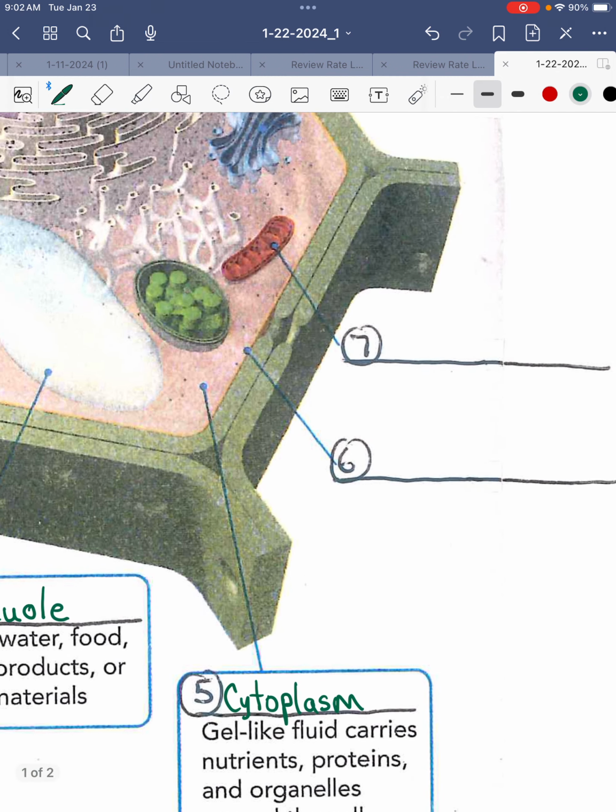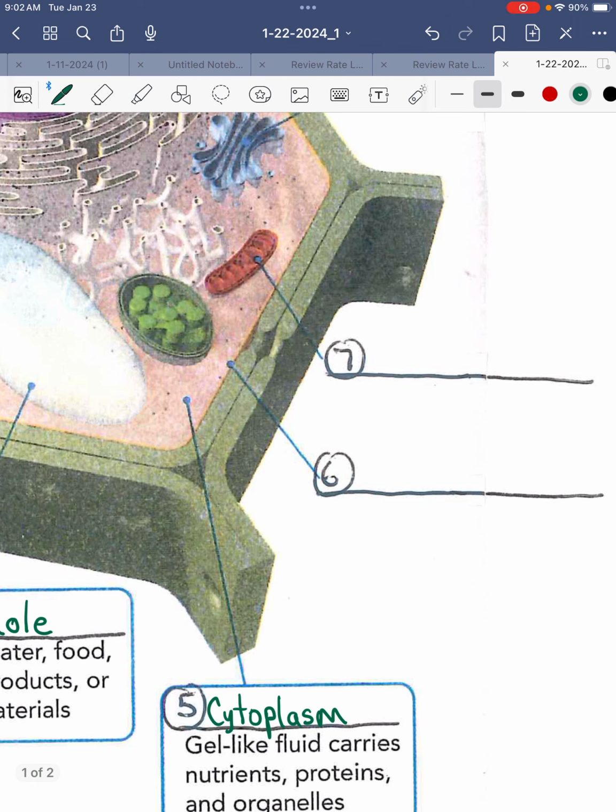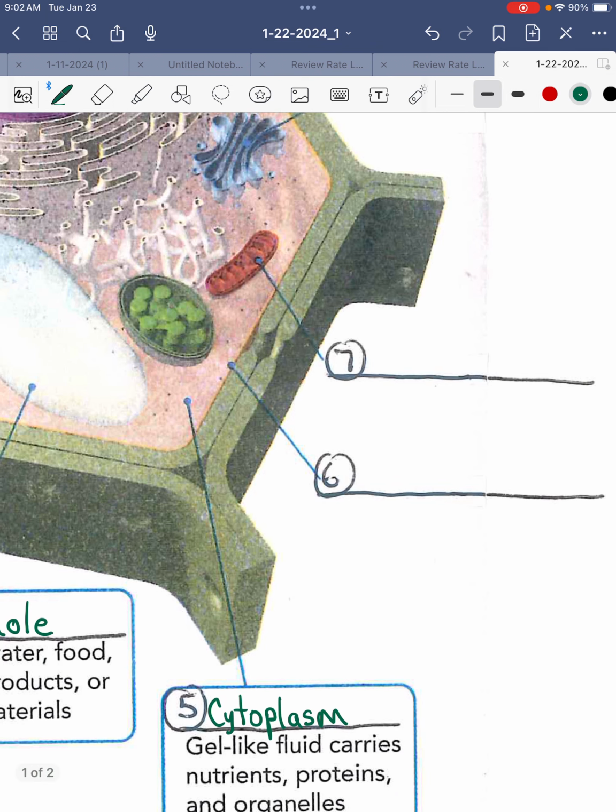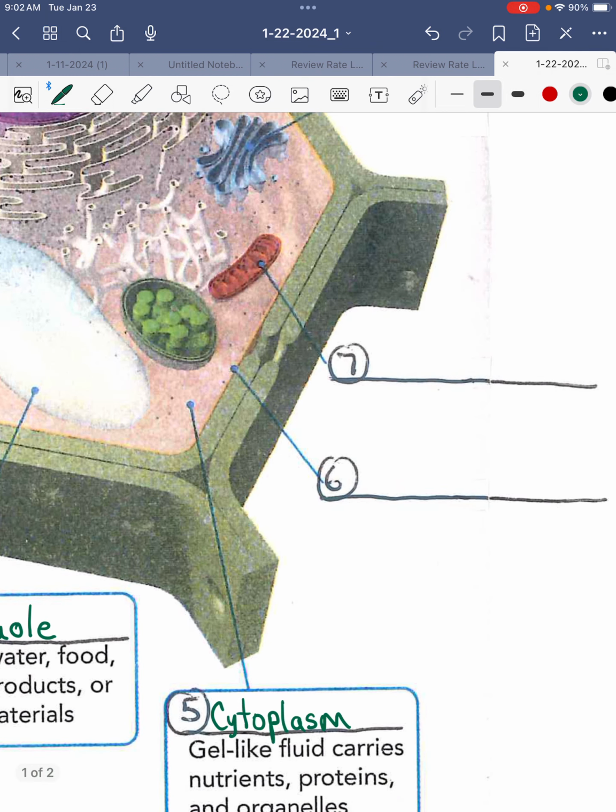Number 6, there's a thin layer inside of that double green layer that is called the cell membrane, or plasma membrane, sometimes they call it. And it controls what can enter and leave the cell.